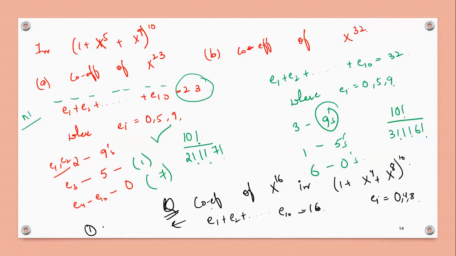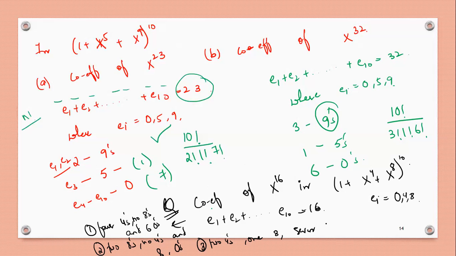First, 4 fours, no 8s and 6 zeros. The second case will be 2 8s, no 4s and 8 zeros. And the last case will be 2 fours, 1 8 and 7 zeros.